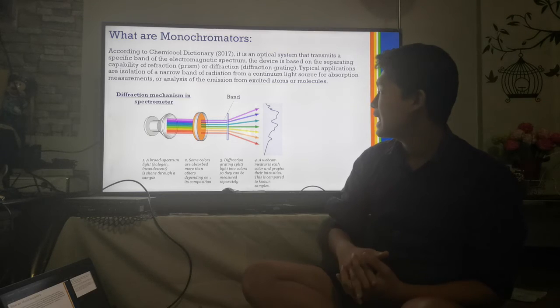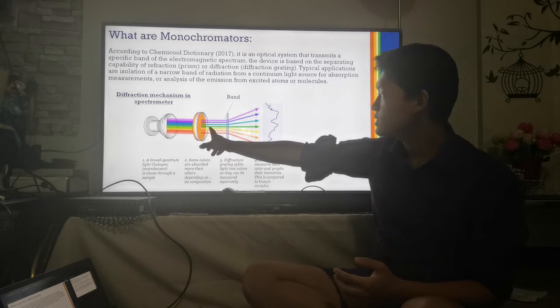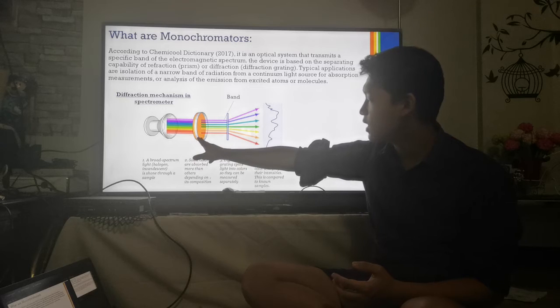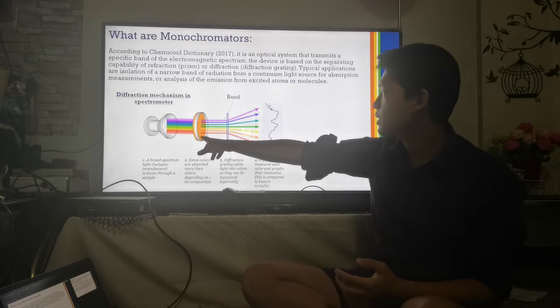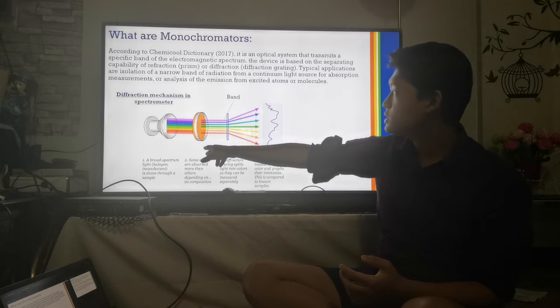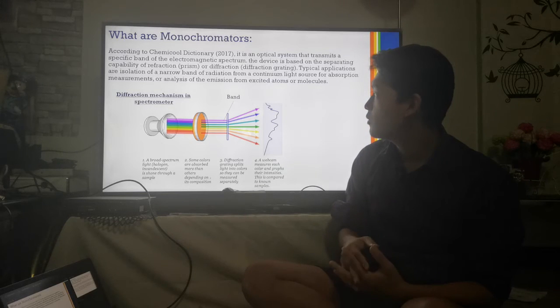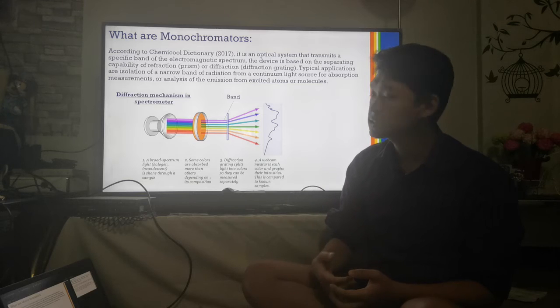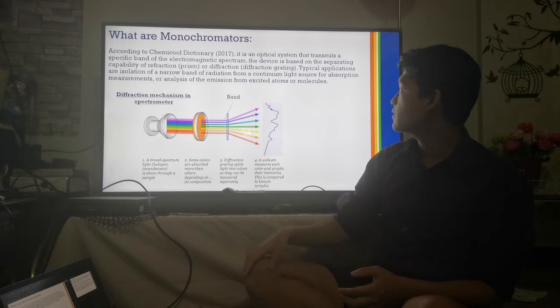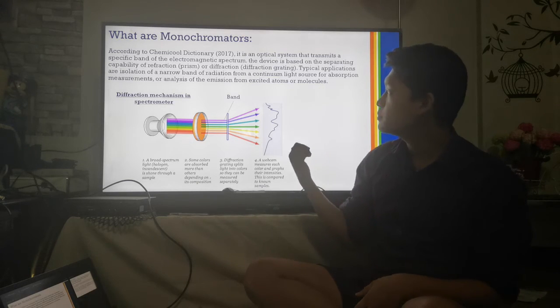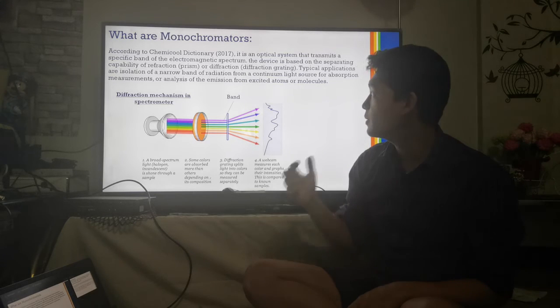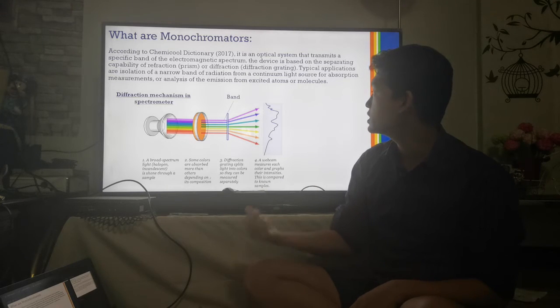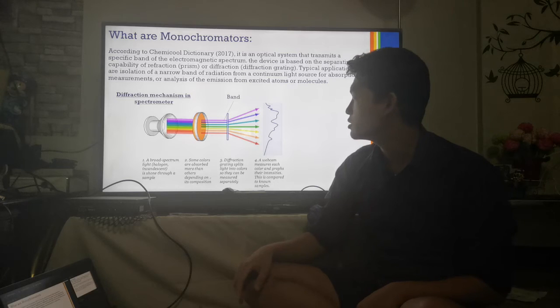So, bands are the lights that were reflected as they pass through a monochromator, which could either be a prism, which is capable of refraction, or a diffraction grating, which is capable of diffraction. Typical applications of monochromators are isolation of a narrow band of radiation from a continuum light source for absorption measurements or analysis of emission from excited atoms or molecules.